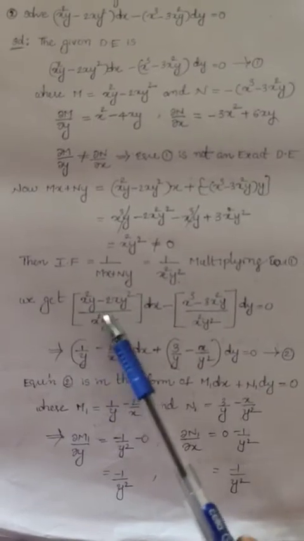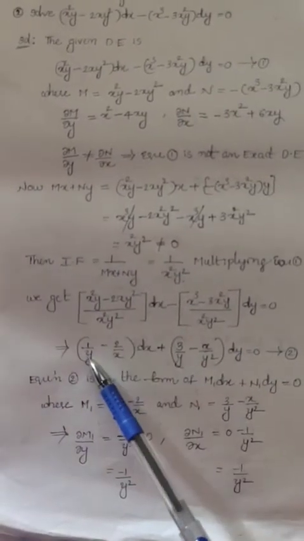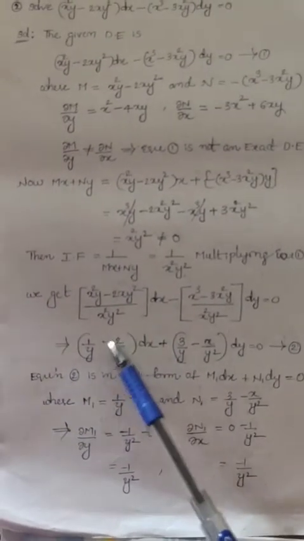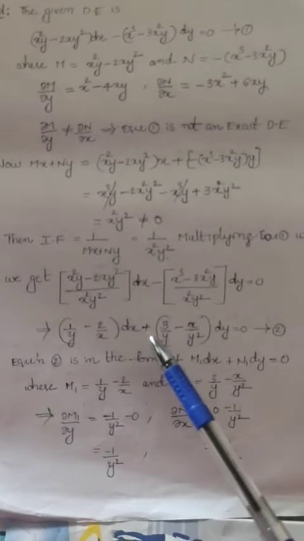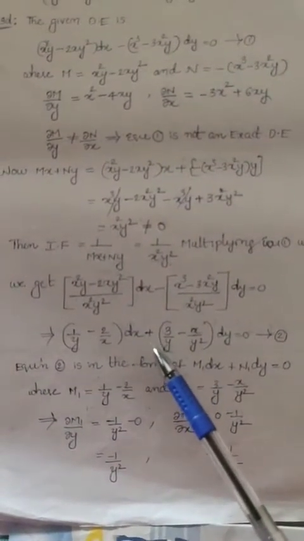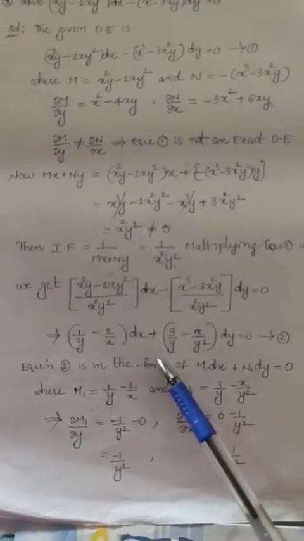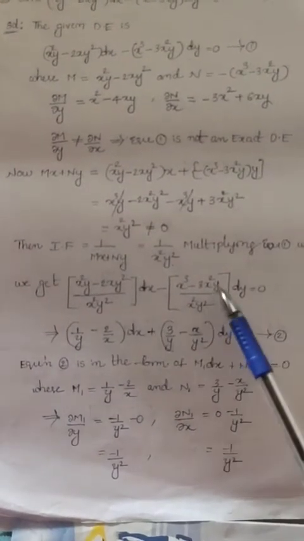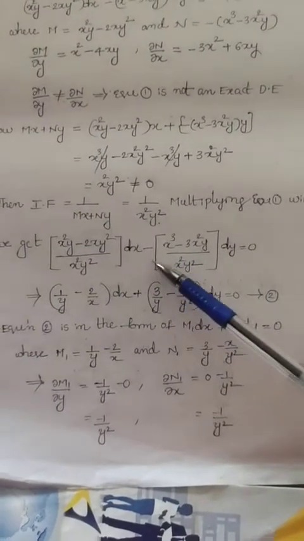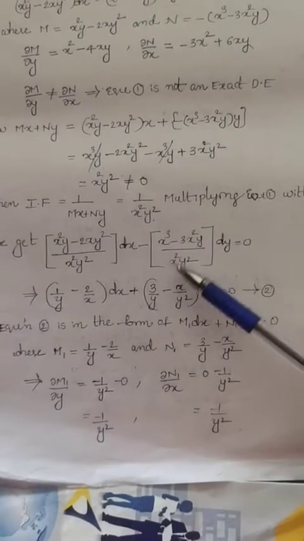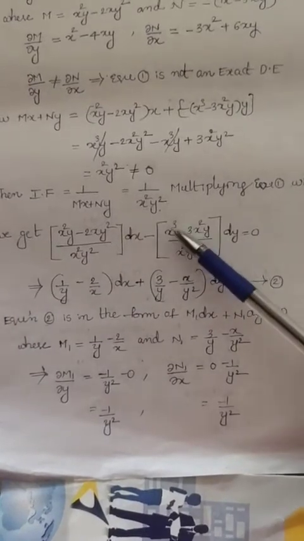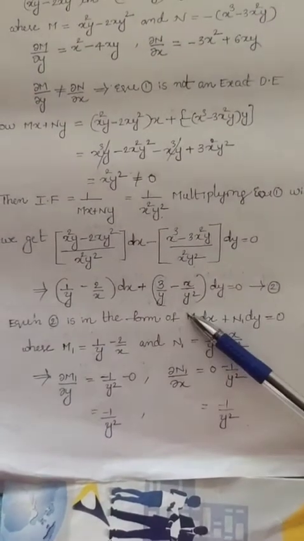Here x² gets cancelled and y gets cancelled, so 1 by y, and x gets cancelled, y² gets cancelled, so 2 by x, into dx. Taking minus common, x² gets cancelled, y gets cancelled, so 3 by y, and x² gets cancelled, so x by y², into dy = 0.